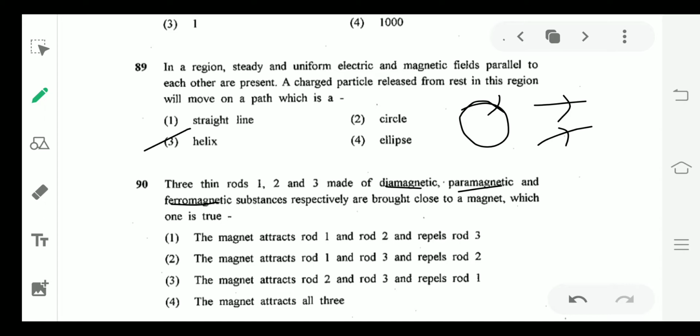So rod 1, which is diamagnetic, will weakly repel, and rod 2 and rod 3 attract to the magnet. So third option will be correct.